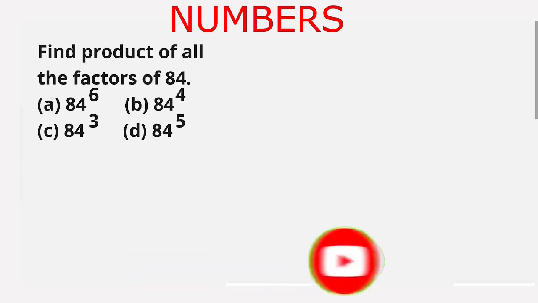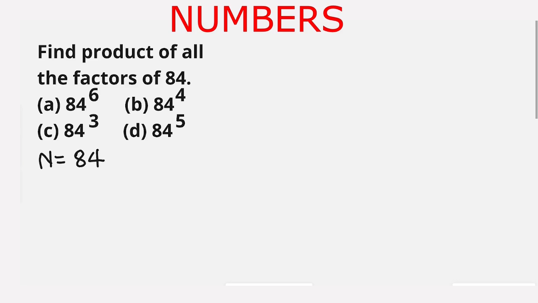We first factorize the given number into prime factors. The number n is 84 and the prime factors of 84 are 2 to the power 2 multiplied by 3 multiplied by 7. Now we have to find the number of factors given by small n, and that is equal to 2 plus 1, as the power of 2 is 2.